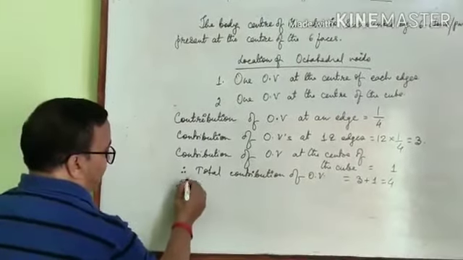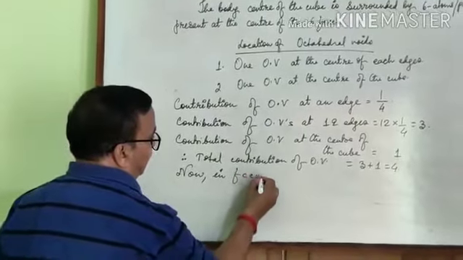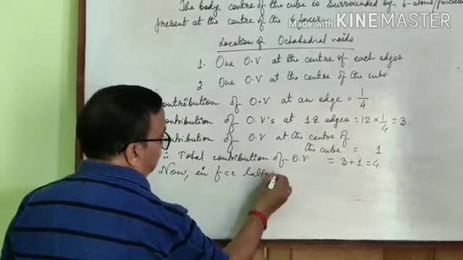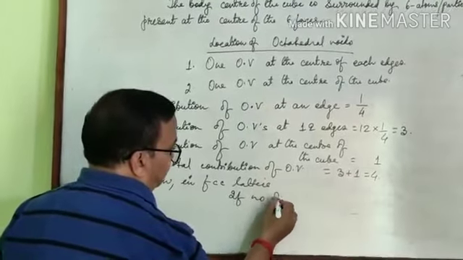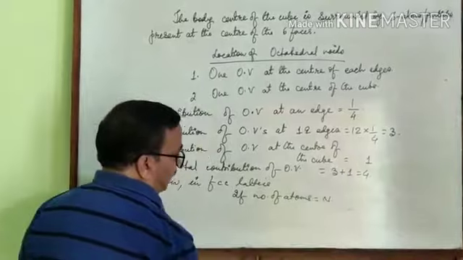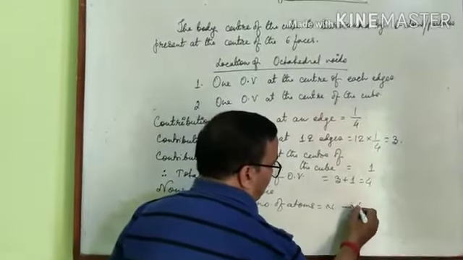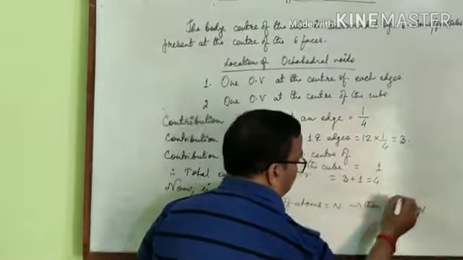Now in an FCC lattice, if the number of atoms is equal to n, then octahedral voids equal n.